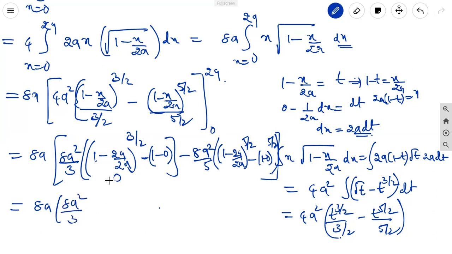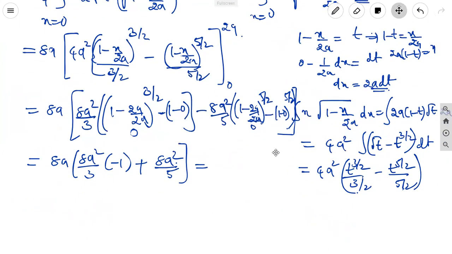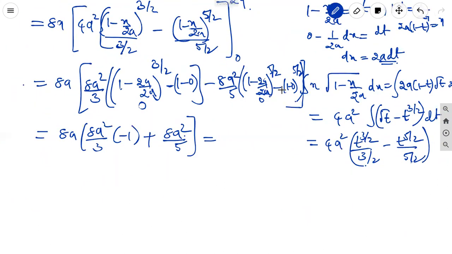This is 0, 1 minus 1 is 0, minus 1. Minus, this is 0, minus into minus plus 8a square by 5. Taking the LCM, 5 3s are 15. 8a is the outside. Minus 5a square plus 8a square is also taking common. Minus into minus plus.